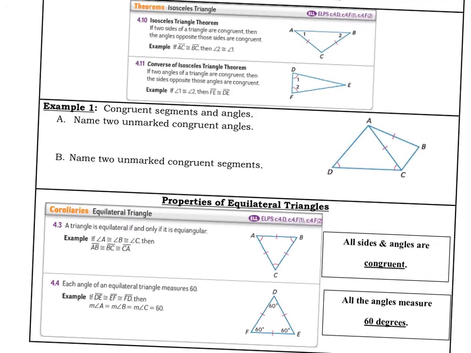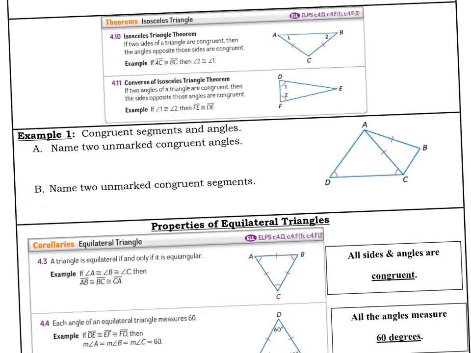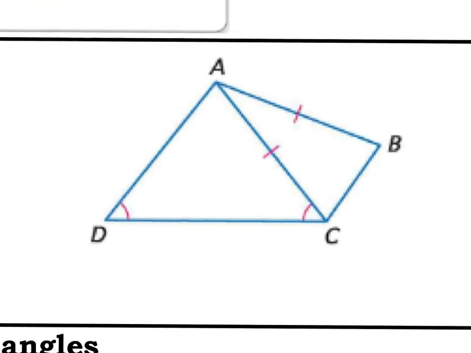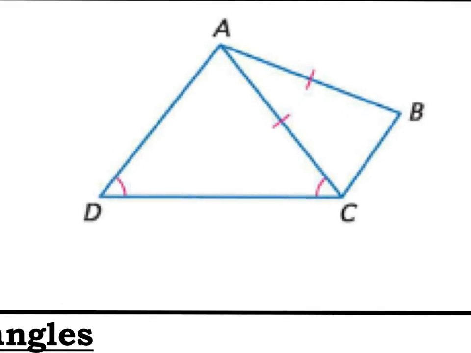So in example 1 here, I'm going to point out the two unmarked congruent angles and the two unmarked congruent segments. So to point out the two unmarked congruent angles, I'm going to look at the triangle that doesn't have any marked angles. So the angles will be opposite of the congruent sides.